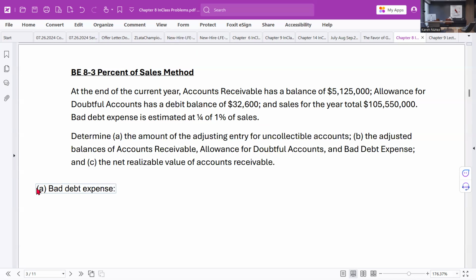When we use the percent of sales method, the bad debt expense is really pretty simple. It's just a percent of sales, and in this case, it's 1/4 of 1% of sales.